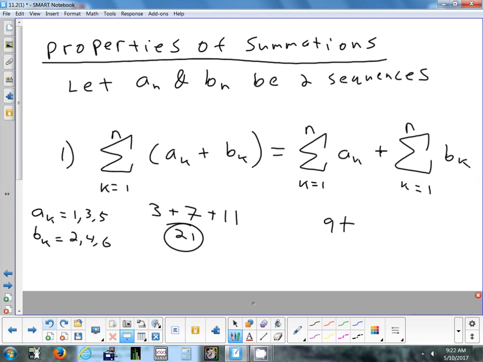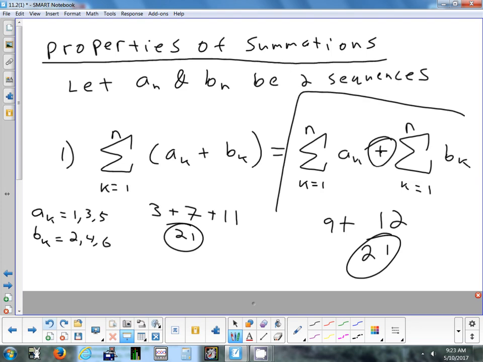What's 2 plus 4 plus 6? 12. And now the last step is to do that. Take the 2 results you just got and add them together. What's 9 and 12? 21. You get the same thing. So whether you do it the way on the left or the way on the right, it comes out the same.